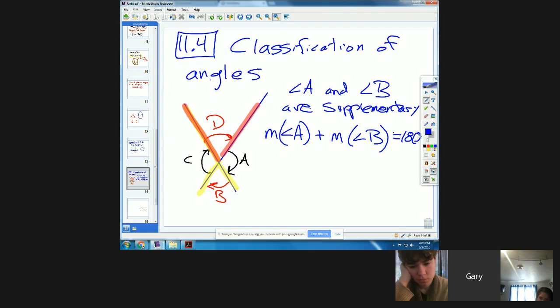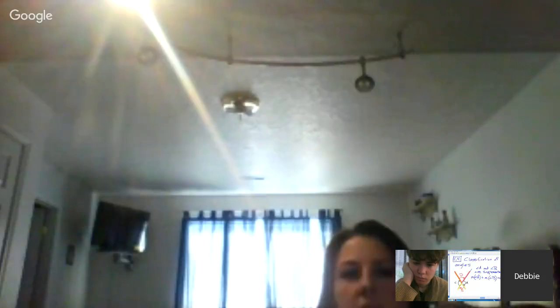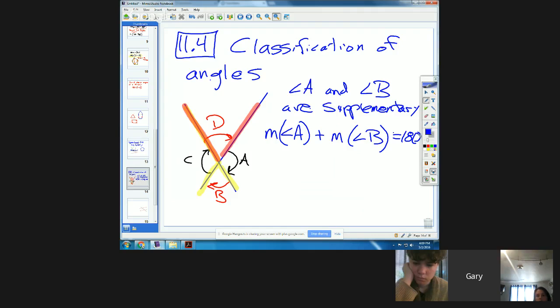Other things I can say. Are there any other pairs of angles that are obviously supplementary here? So A and B are supplementary. What else? C and D are.